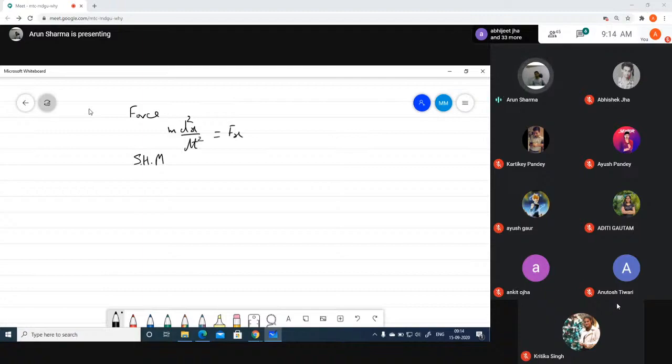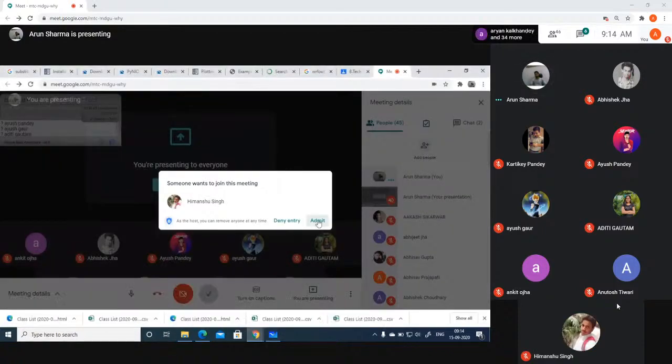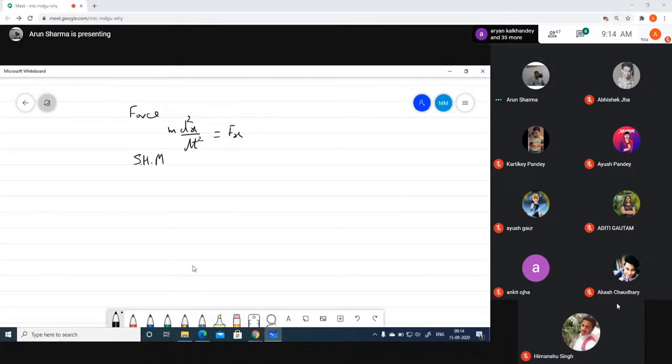Again d2x upon dt square, and this is parallel to x, and this d2x upon dt square we consider as minus omega square x.